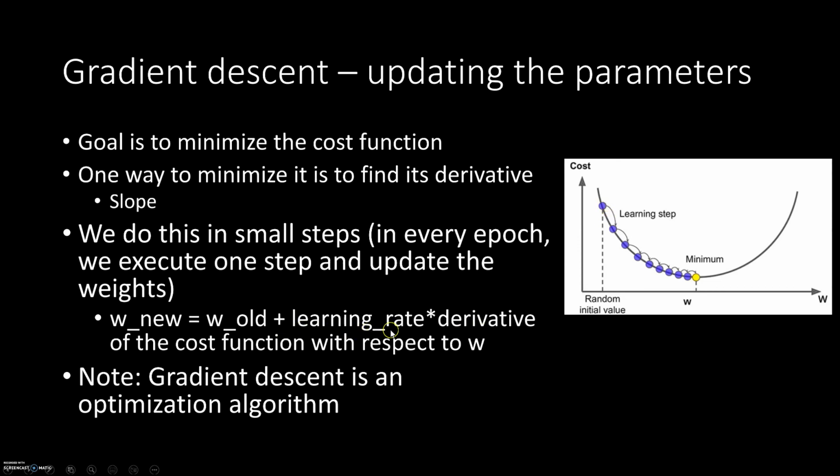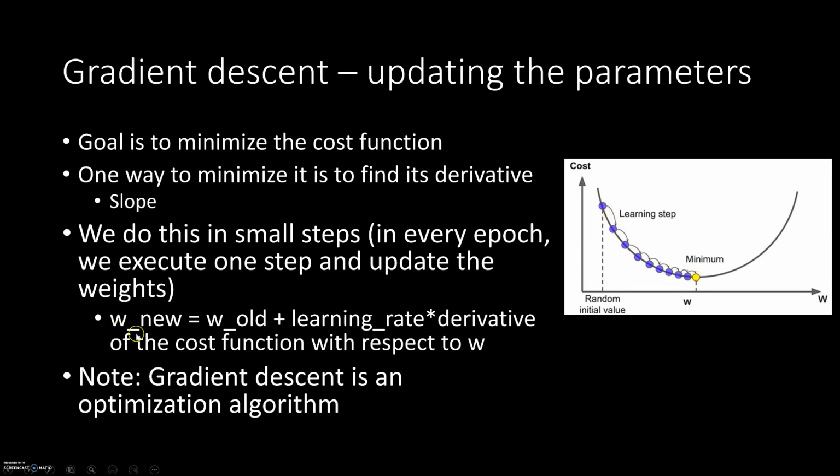The learning rate tells us how big or small these steps should be. Because if we take too big steps, then we may miss this minimum. We may jump like this. And if we take too tiny steps, then it will take us very long to reach this minimum. That's what the learning rate is for.